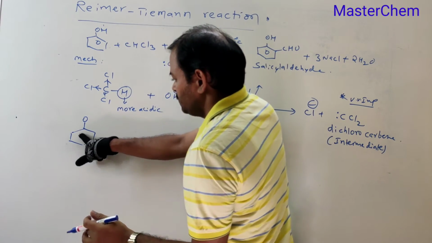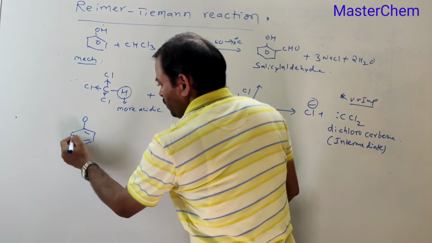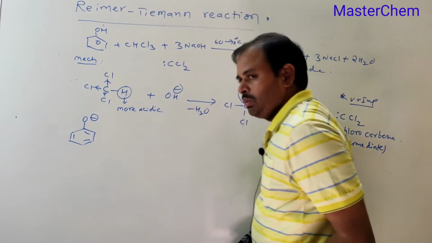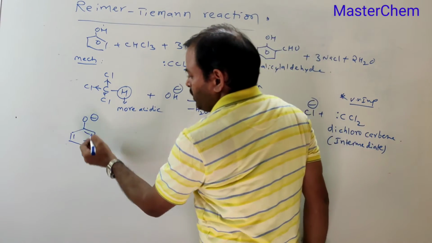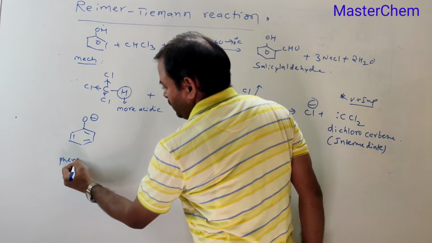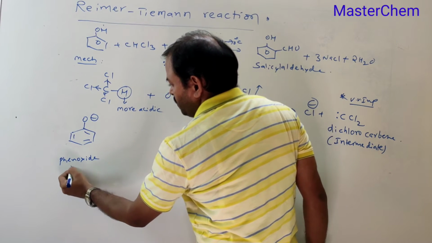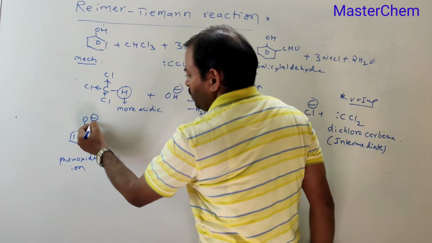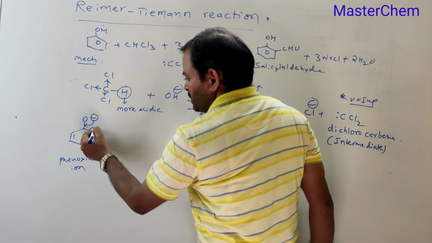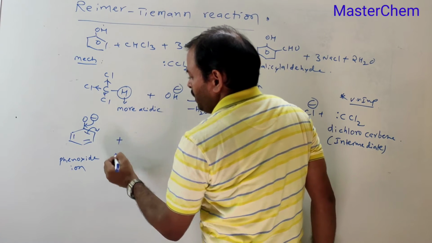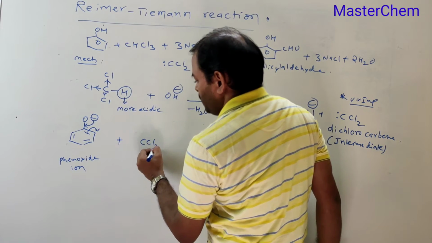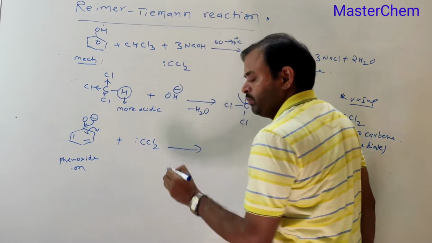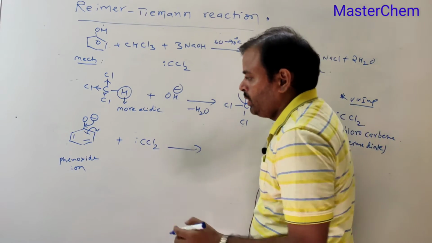Now phenol in the presence of OH minus becomes phenoxide ion. So we should represent these bonds as well to understand the mechanism. Phenoxide ion from phenol, now delocalization takes place, plus CCl2, dichlorocarbene, the electrophile.